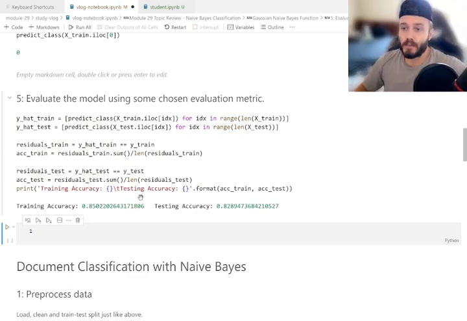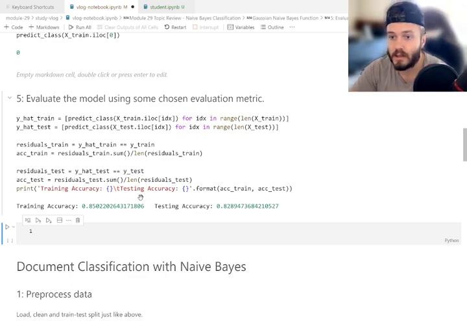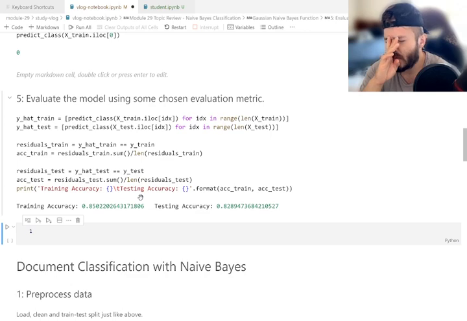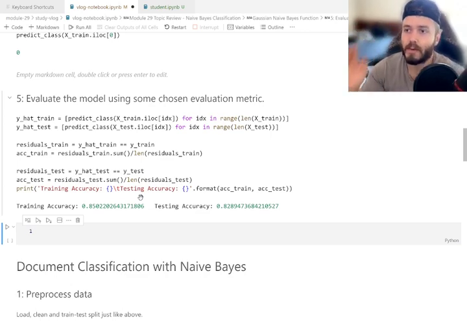Now we want to evaluate the model using some chosen evaluation metric. As you can see here, the Flatiron instructors used accuracy, which made sense for the data we were doing this on. You could use any metric that you would use for any other classification algorithm: recall, F1, ROC curve, whatever.